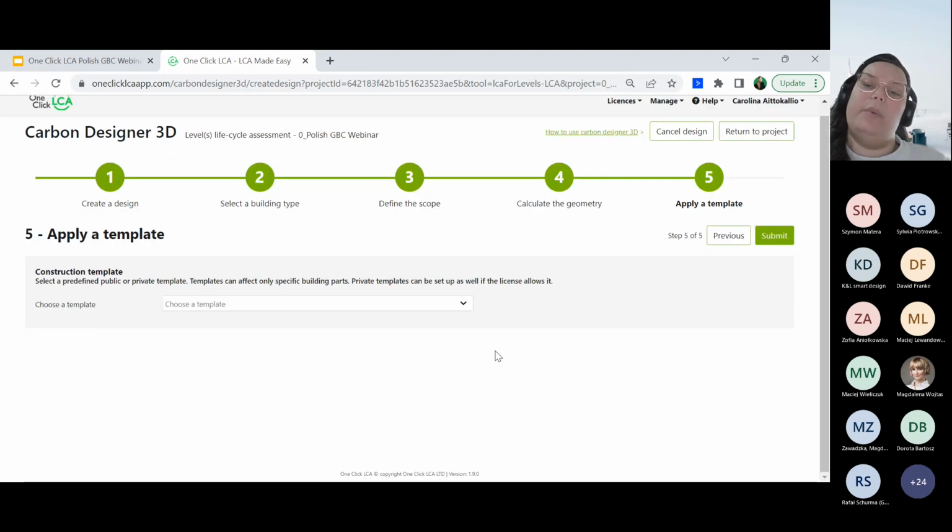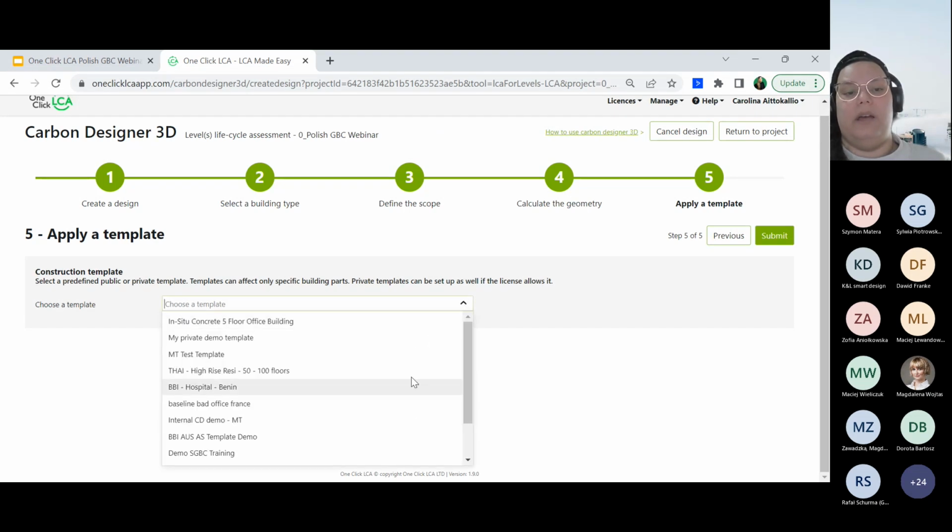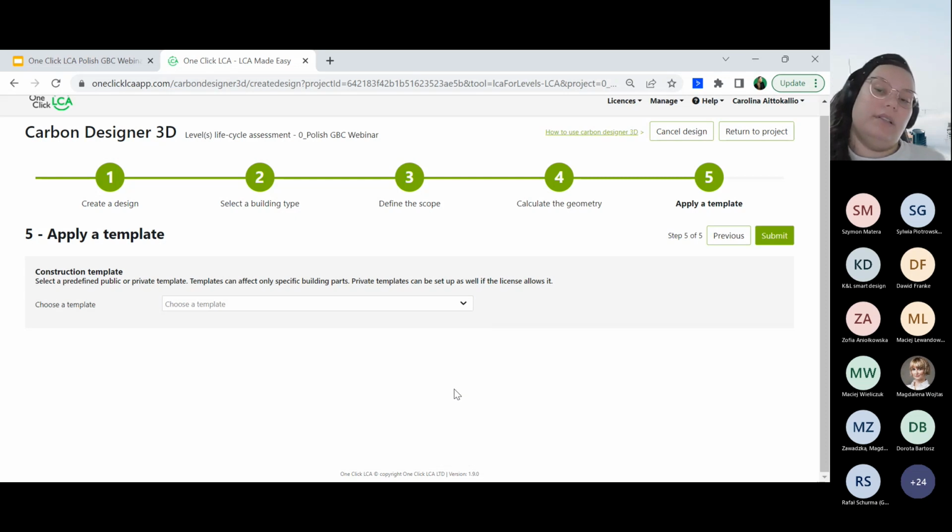And this is where we would be assigning a template for our building. So here I have some templates, and I could assign one of them to our building. If not, it's okay. The software will make the choices for you, and you can always edit them as well. So here I will submit without choosing a template, and I will let the software make the changes for me.